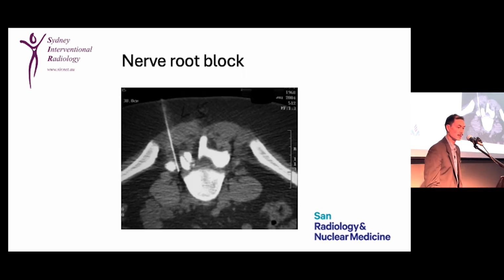So here's a lumbar nerve root image under CT guidance, and you can appreciate how good the resolution is as the needle is placed within millimeters of the nerve root. For those of you who aren't familiar with reading the CTs, this is a patient prone position. Spinal canal in here, where the thecal sac is, vertebral body, and you can appreciate on the left side of this image, that's a needle trajectory coming straight down.